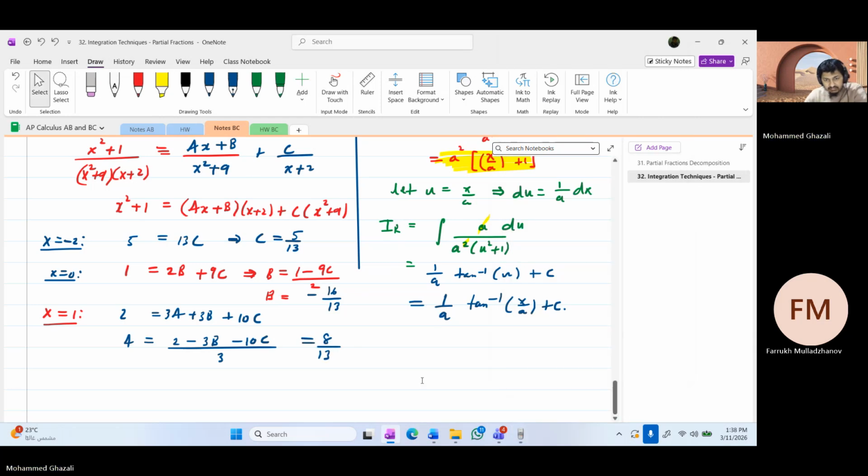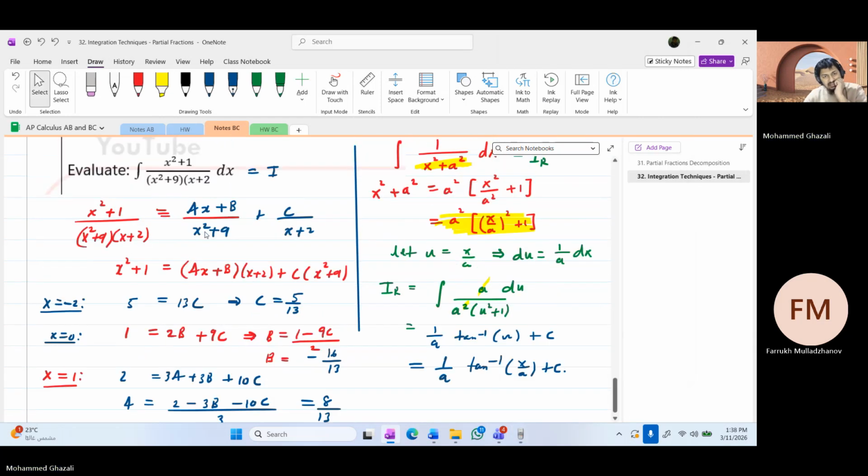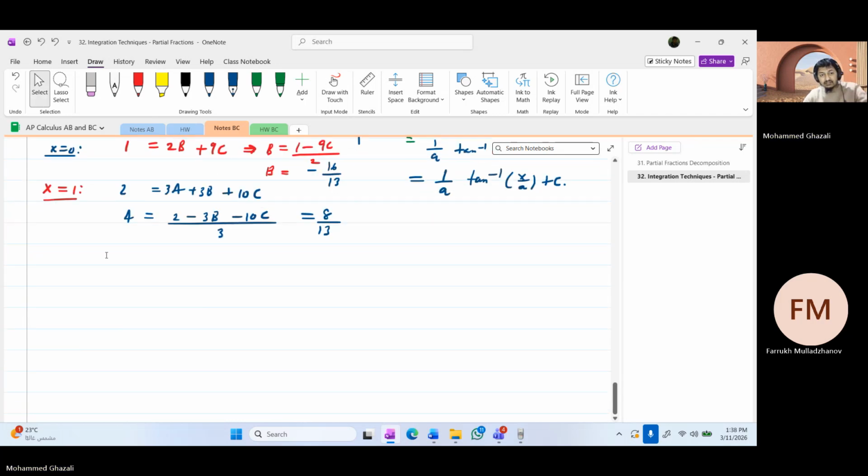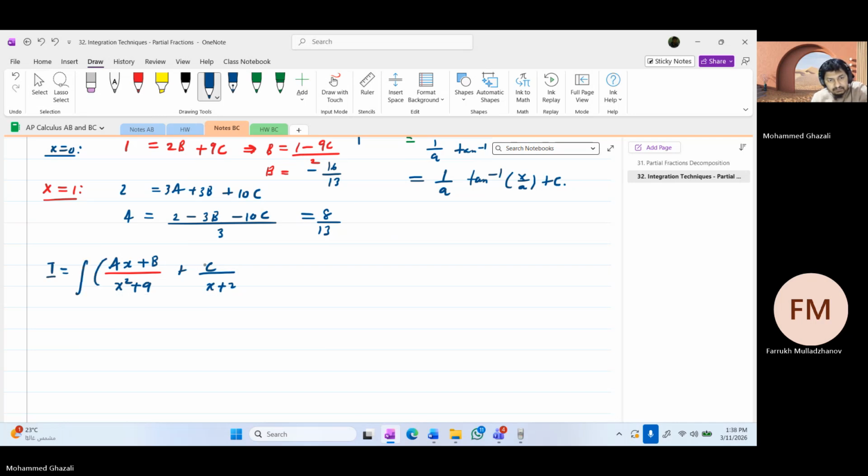Okay. And now this is the thing that I need to integrate. It's easy to integrate the second part. That is just c ln x plus 2.